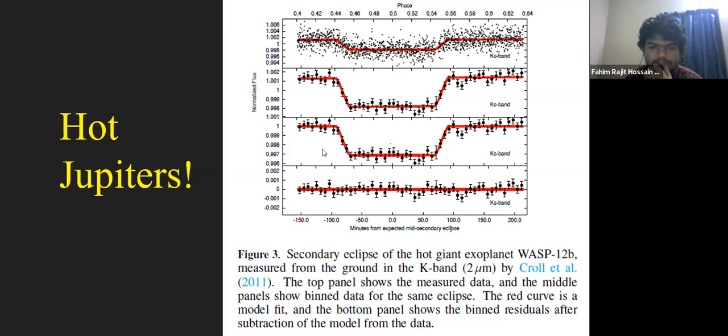You can see that there is a significant depth in the transit curve, and here it is 0.997, so it's significant for us.